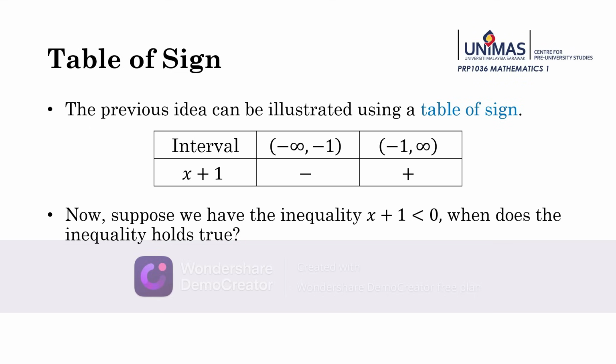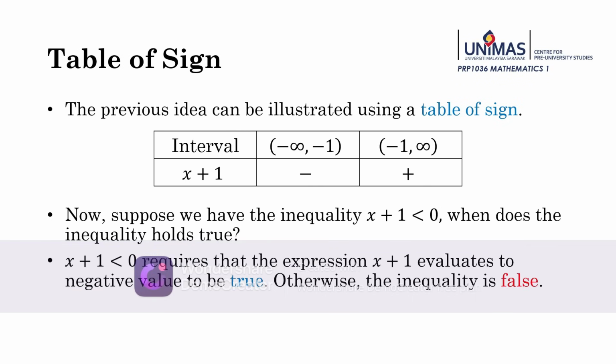Okay, now suppose we have the inequality x plus 1 less than 0. When does the inequality hold true? So x plus 1 less than 0 requires that the expression x plus 1 evaluates to a negative value to be true. Otherwise, the inequality is false.